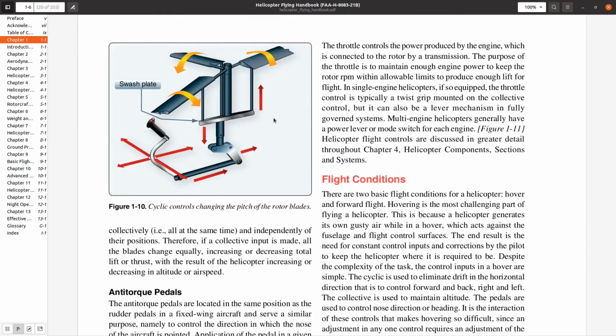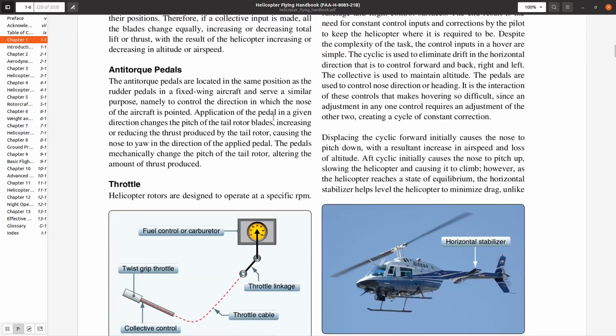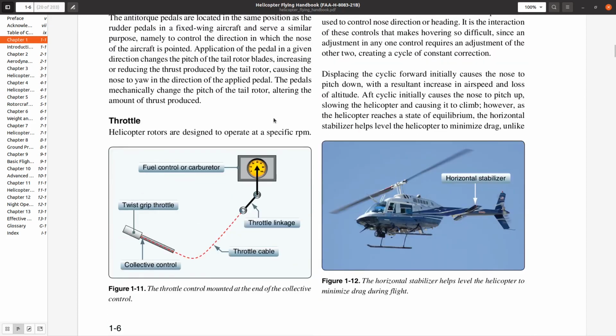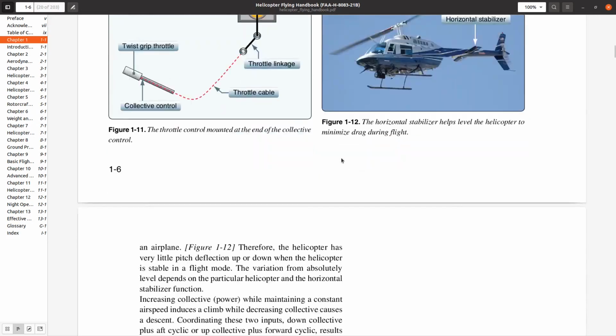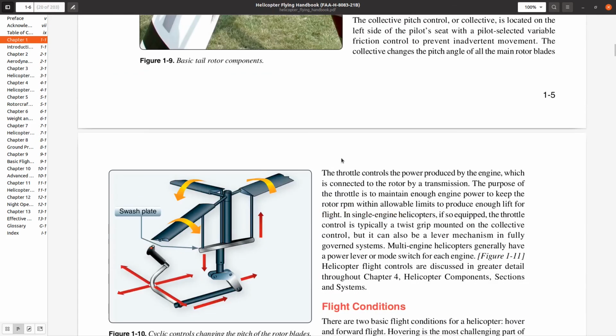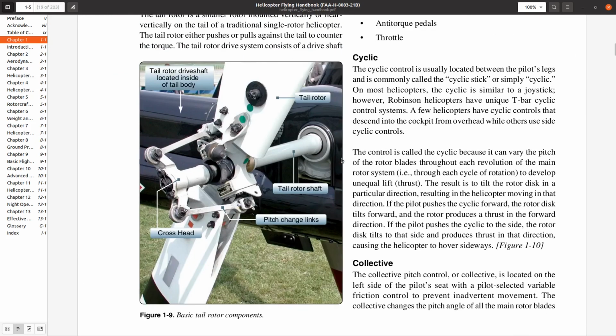Anti-torque pedals are going to be connected to our tail rotor. So here's a tail rotor. And we have these pitch change links.